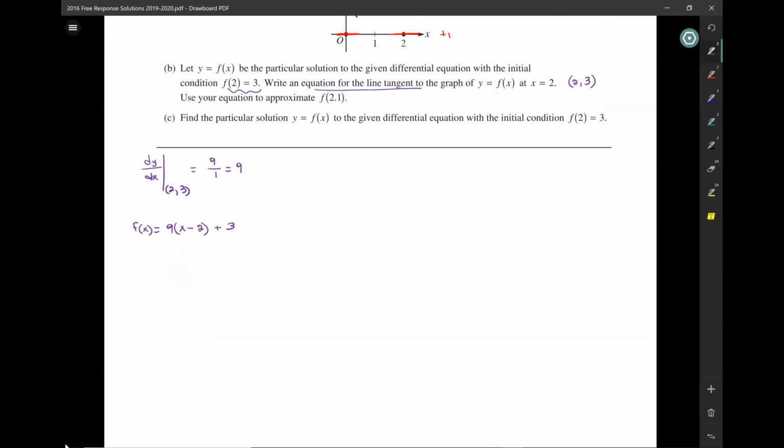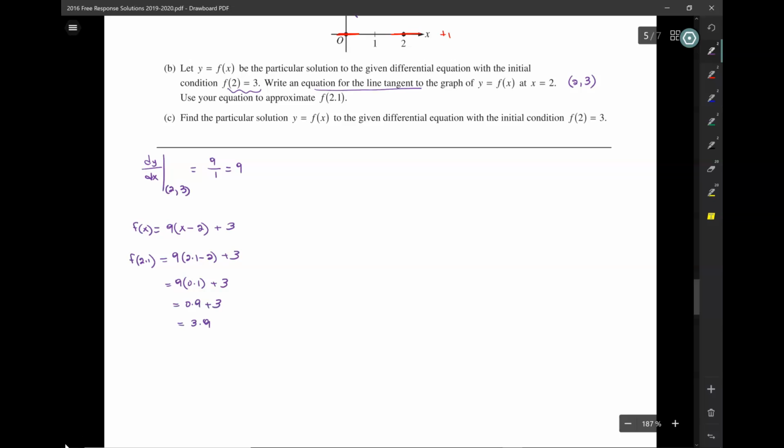That's the equation of the tangent line. And then f of 2.1 is equal to 9 times (2.1 minus 2) plus 3. That's 9 times 0.1 plus 3, so that's 0.9 plus 3, and that's just 3.9. And here again, there are not too many points for this one.